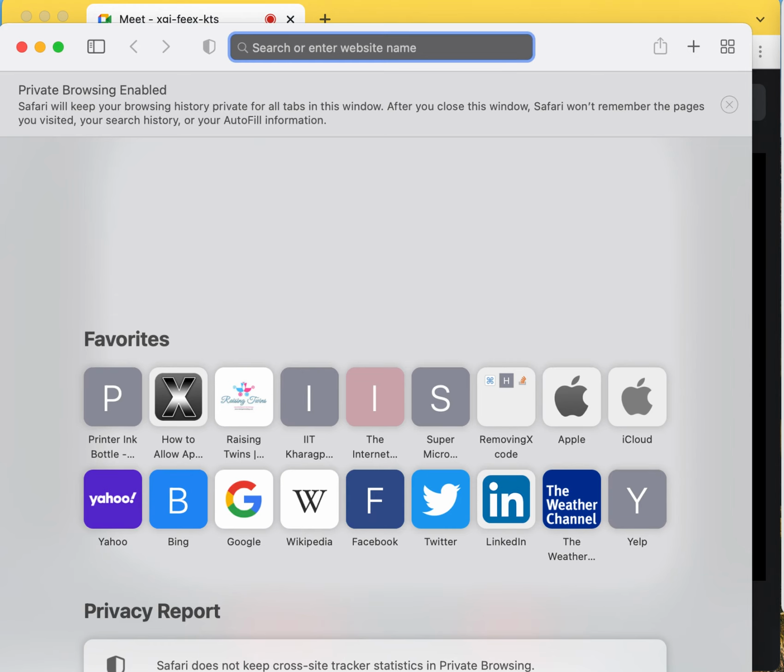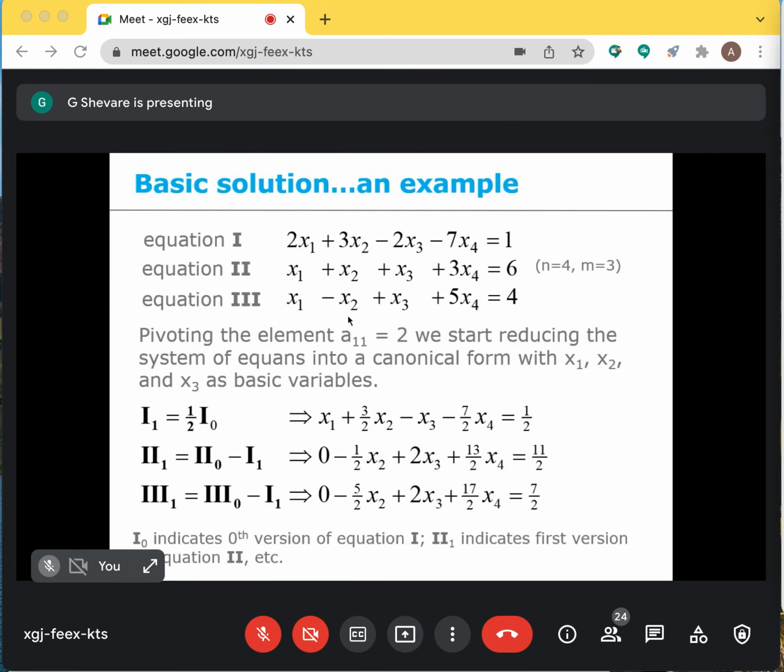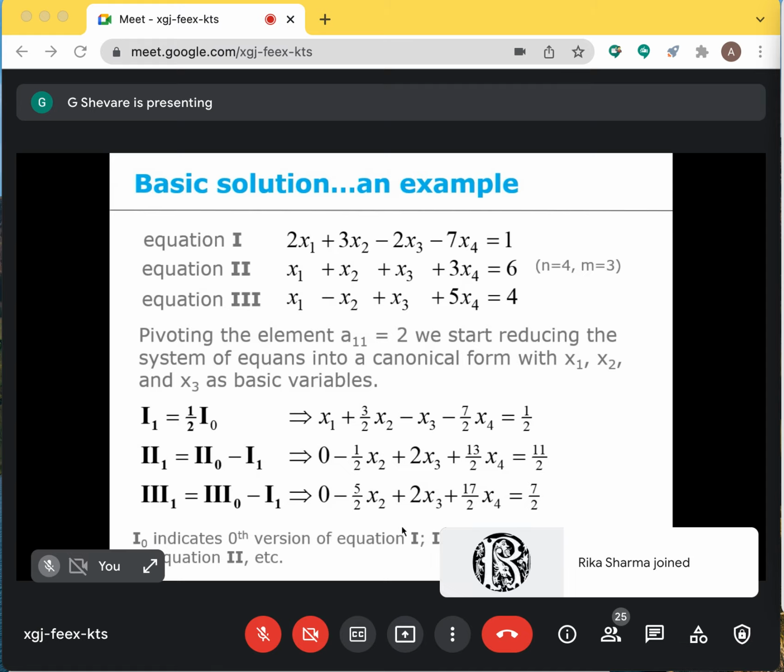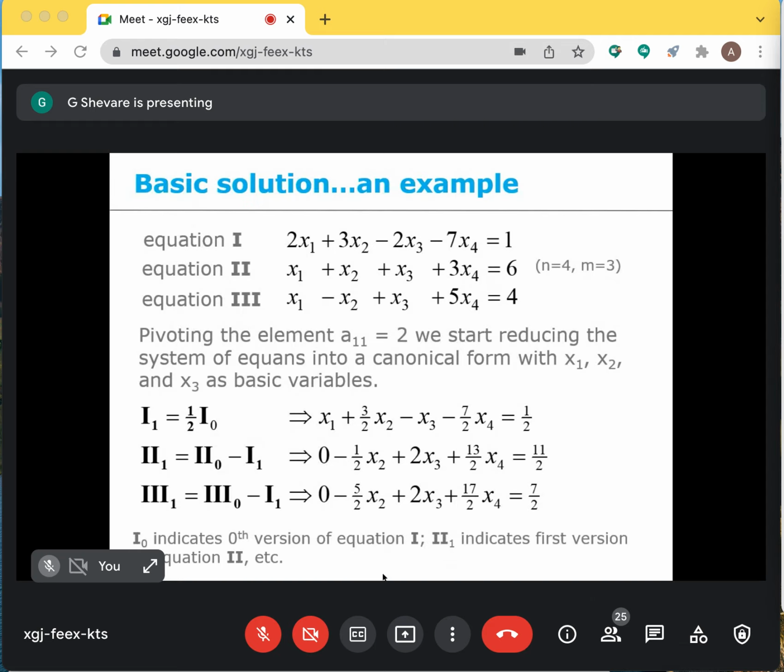If I take the first equation and multiply it by half, 2x1 becomes x1, 3x2 becomes 3/2 x2, etc. So if I compare the first equation of the top system of equations to the first equation of the bottom system of equations, it looks like this.